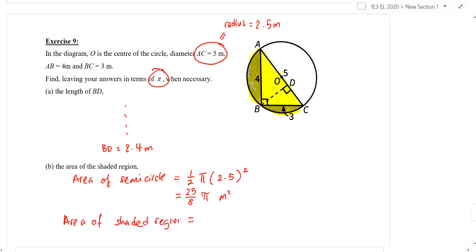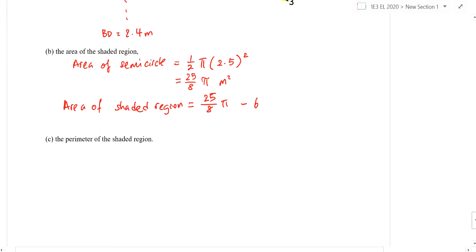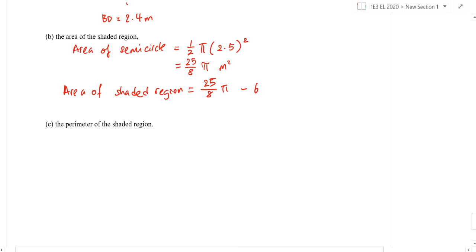So from here on, area of shaded region is simply area of the semicircle, take away the area of the triangle, which you should have calculated in part A to be 6. And now, this over here is our final answer.